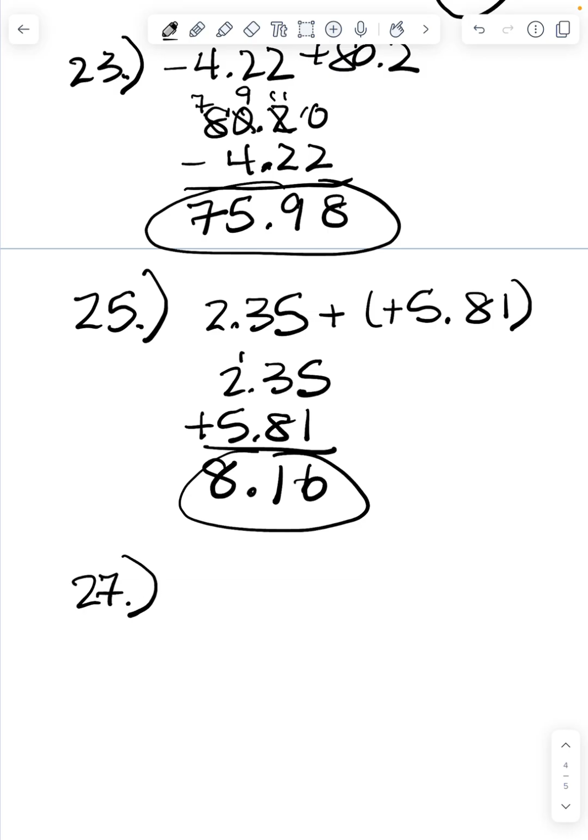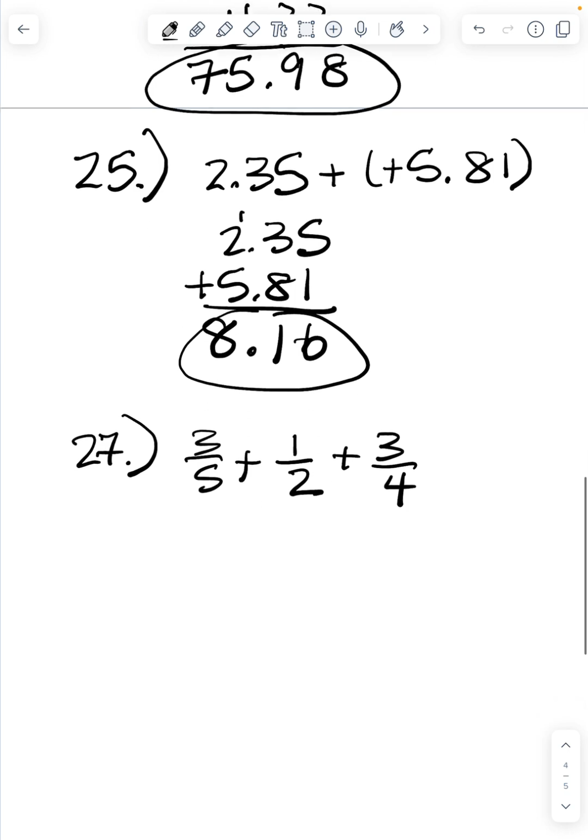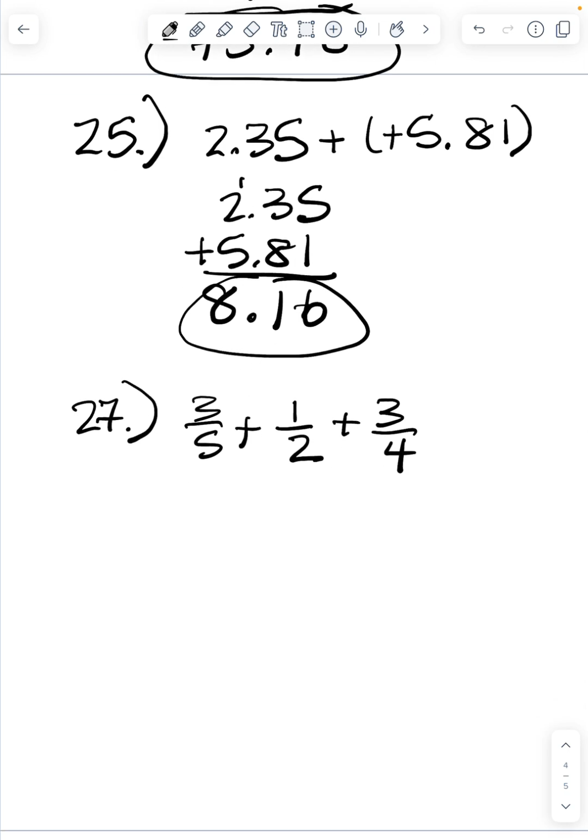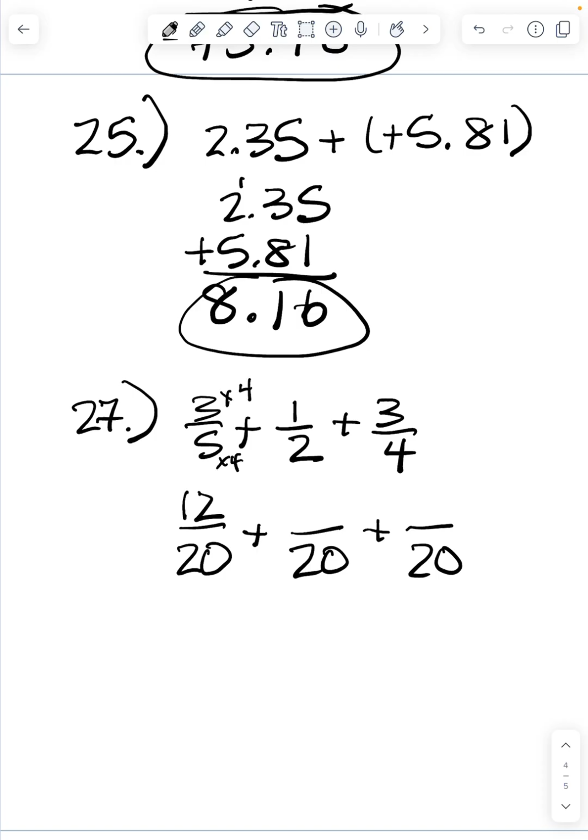Number 27, 3/5 plus 1/2 plus 3/4. Common denominator here is going to be 20. Okay, first fraction. To get a denominator of 20, I multiply by 4. So that's going to be 12.